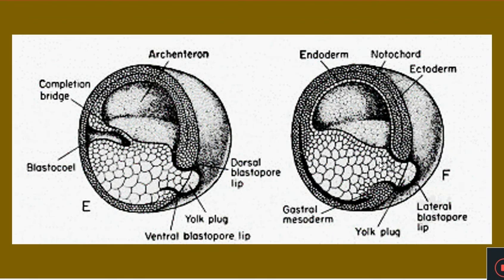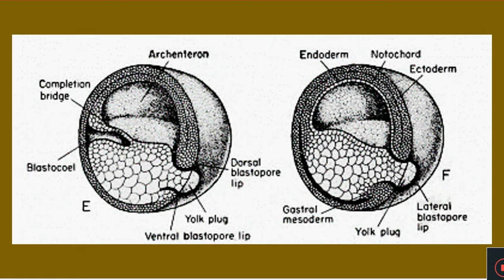Earlier the blastopore was just like a small opening, but because of the expansion of the dorsal lip and the lateral lip, the blastopore will assume a ring-like shape. Earlier it was a small pore, but now the blastopore looks like a ring through which the yolk-laden macromeres will project out. So now there is more space for these yolk-laden macromeres to come out.